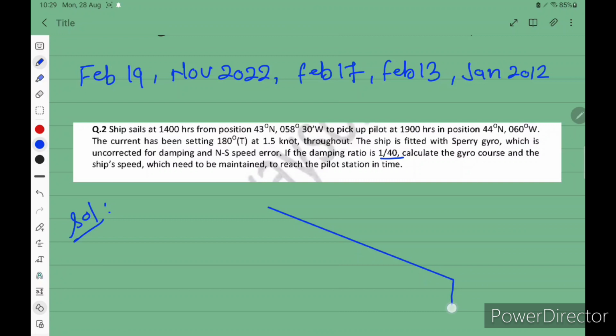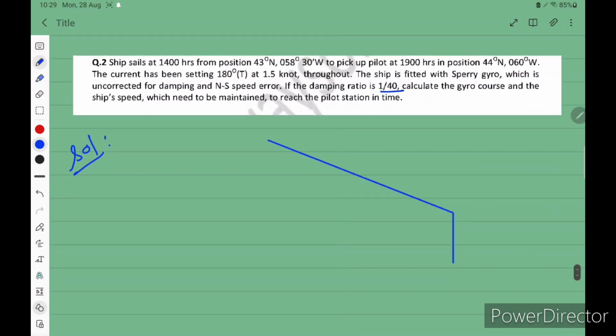We have the current; this is our current, this is the course made good, this is the CTS.